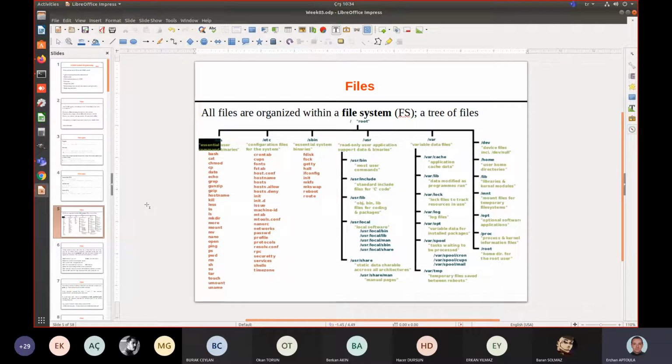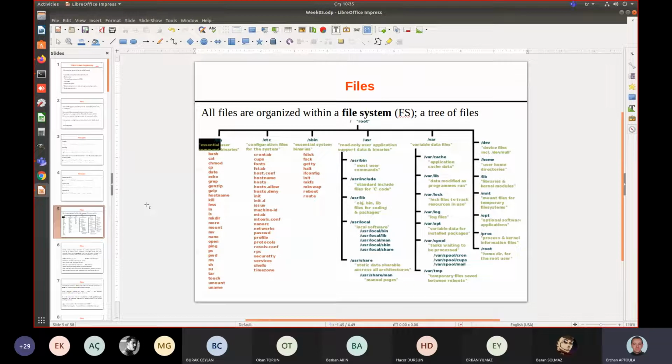Now, what are the most important directories that you will encounter in all of the file systems? There will be, of course, the bin directory containing the system binaries, etc for the configuration files, sbin for the really essential system binaries, such as the reboot command, such as the fdisk command, usr for the read-only user application support data and binaries, so basically the programs that you have installed to the system, var for the variable data files, so logs, libraries, cache files, and so on, and of course dev for the device files, home for the user home directories, lib for the libraries, mnt for the mount points of external devices and file systems, proc for the process-related files.